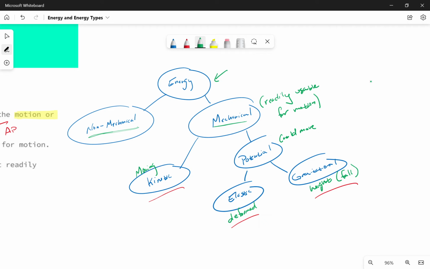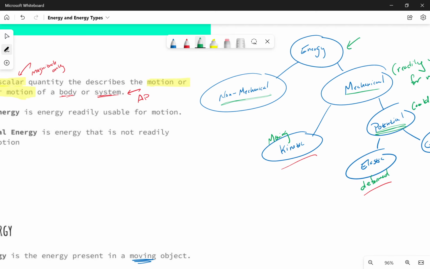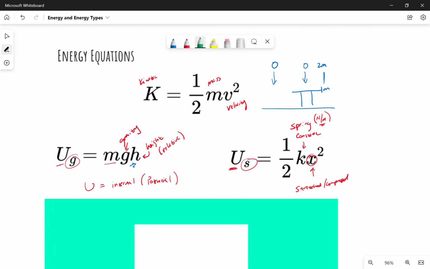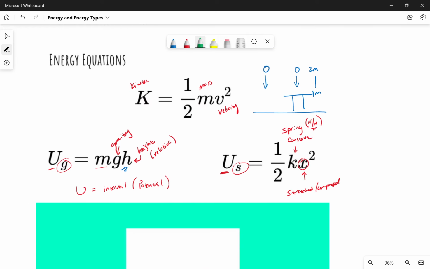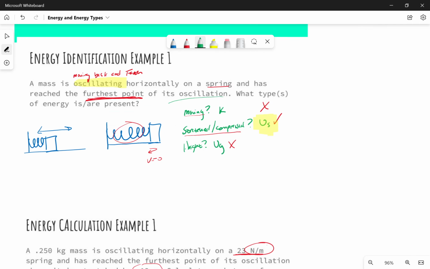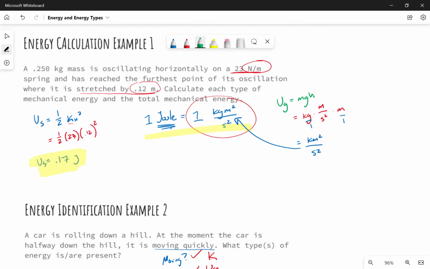The two examples we have there are elastic, something that's deformed, and if I let it go, it will move. Or gravitational, something that's at some sort of relative height, and if I let it go, it will move. So the idea is all I have to do is get out of its way. That's why it's potential. And then we looked at some examples of calculations, right? So here are our equations once again, and we've done some examples of how to identify the energy that's present. Remember, these three questions are critical, and then we've actually gone ahead and calculated them.